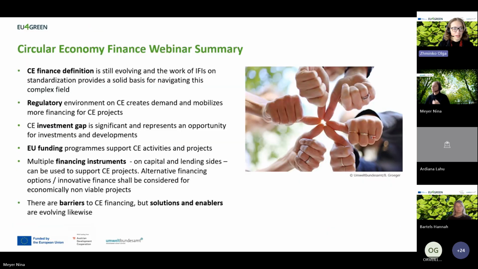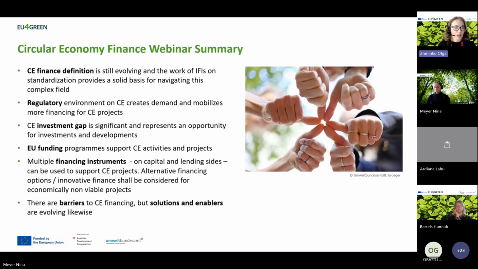So I would like to summarize from our discussion today that the circular economy finance definition is still evolving, and the work of international finance institutions on standardization provides a really solid basis for navigating this complex field. And really, the international finance institutions should be the first entities to go to if you need advice and support for developing circular economy projects for financing.